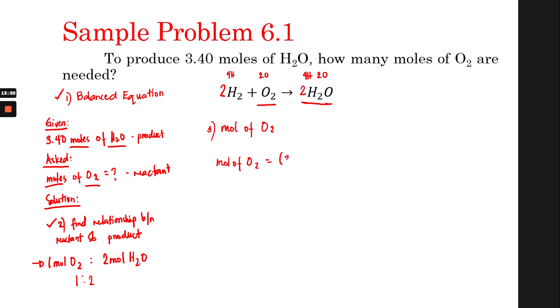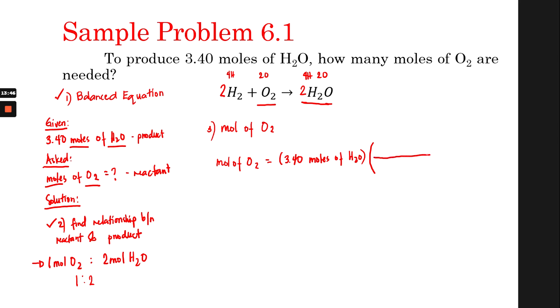So let's begin with 3.40 moles of H2O. This is a given, and what we're going to do is multiply this by our stoichiometry relationship, putting the product in the denominator so we can cancel H2O.